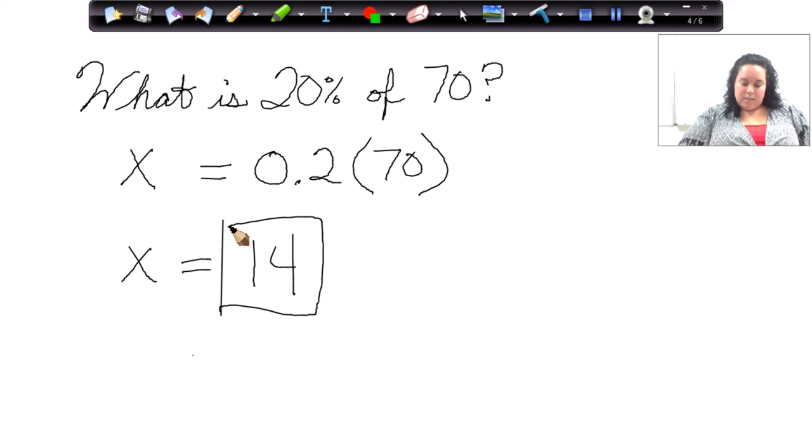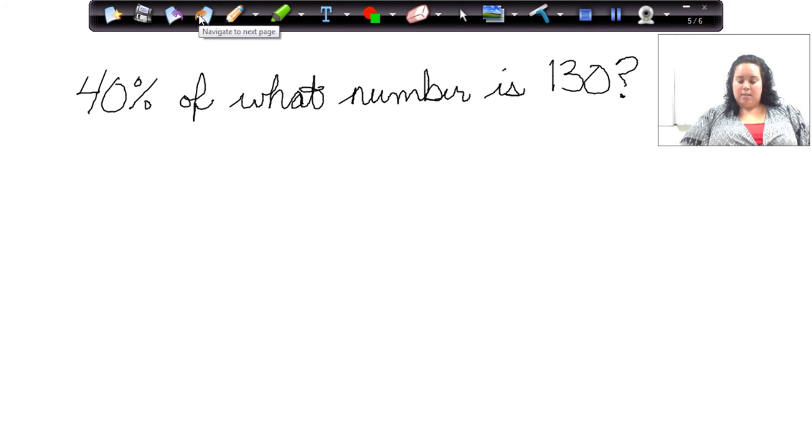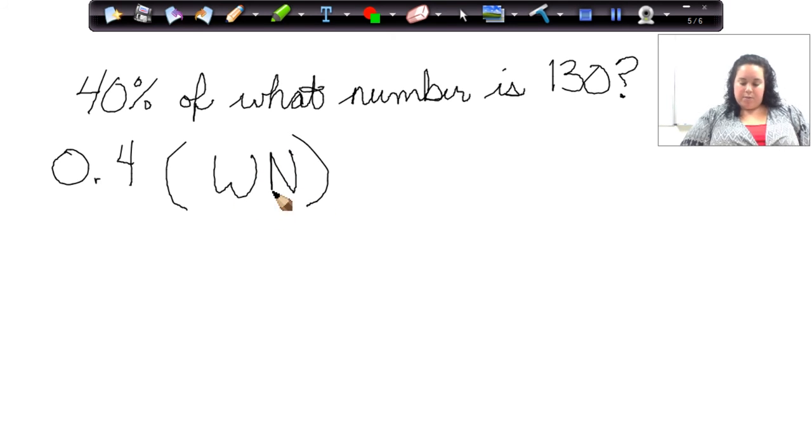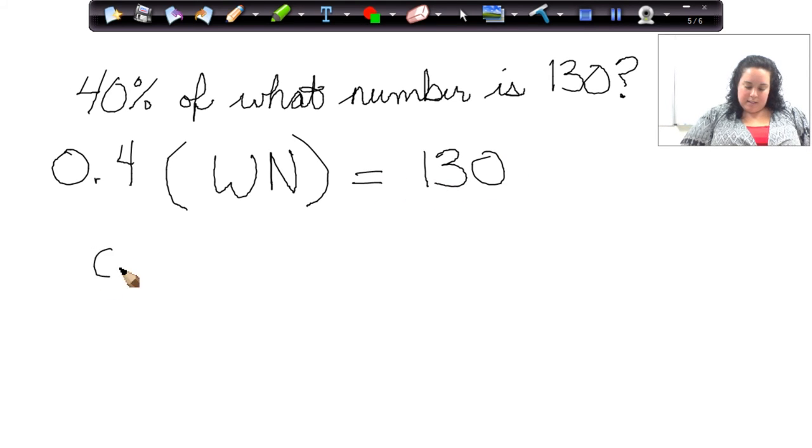Okay? Let's do another one like this. We're going to translate this directly from English into algebra. So 40%, write it as a decimal. Of means times what number? That's our variable. I'm going to write W in for what number, but that's just a variable. Is 130. You could also write this as 0.4x is 130. Either way you prefer.